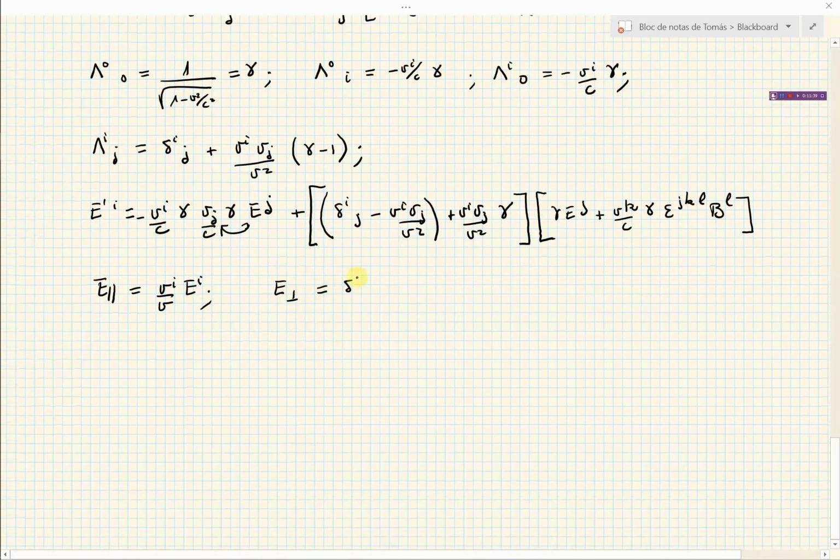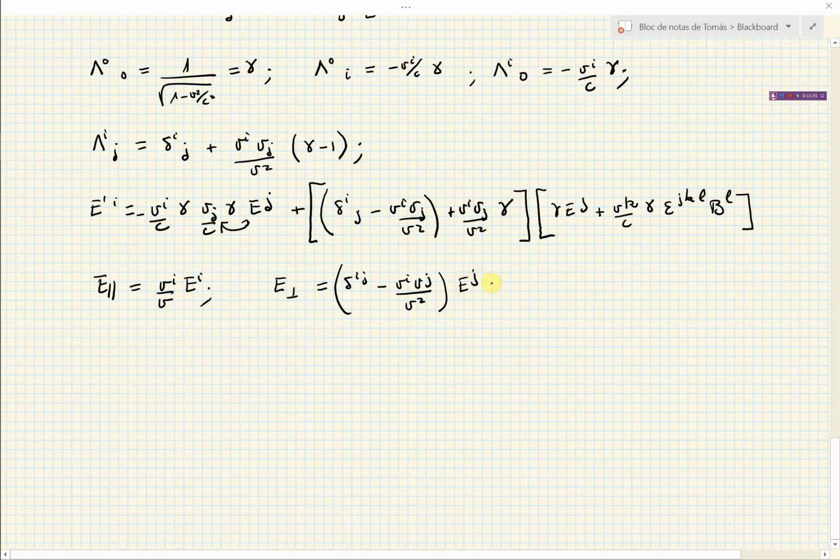So it is delta i j minus v i v j divided by v squared times E j. So we can always reconstruct this, because E i would be v i divided by v E parallel plus, okay, I forgot the index i here, so plus E i orthogonal. So this would be a way to reconstruct it.